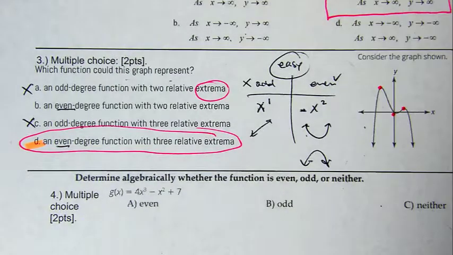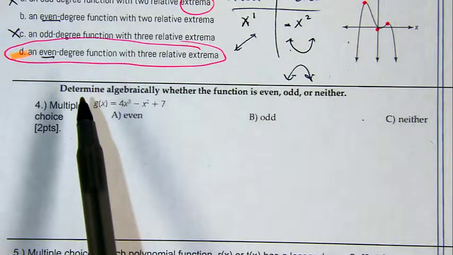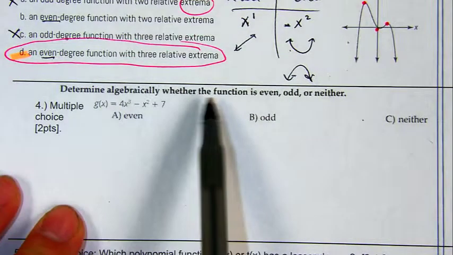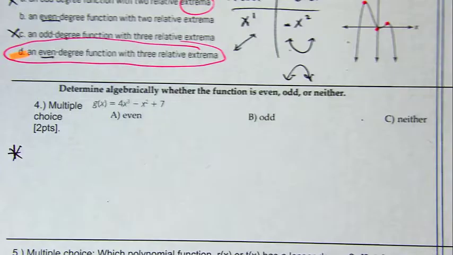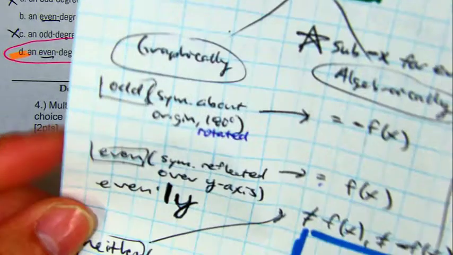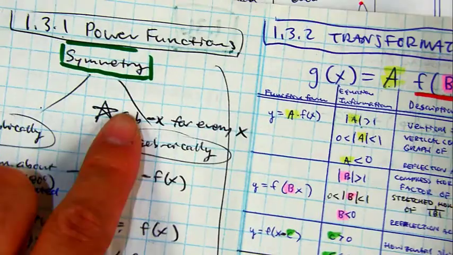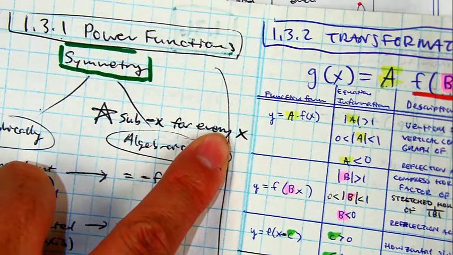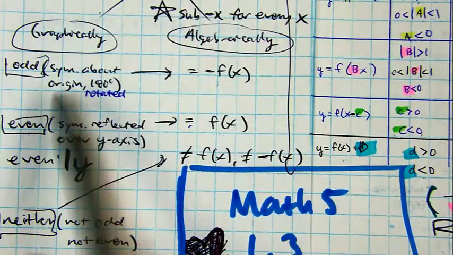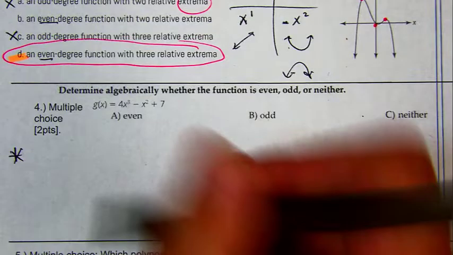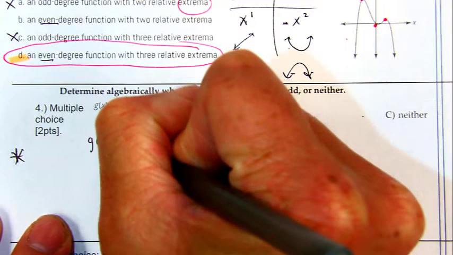Okay, question number 4. Determine algebraically whether the function is even, odd, or neither. So this question is the star question. And you're going to substitute negative x for every x value. And then you're going to observe their outputs. Okay, so let's do that. Every x value, I'm putting negative x.